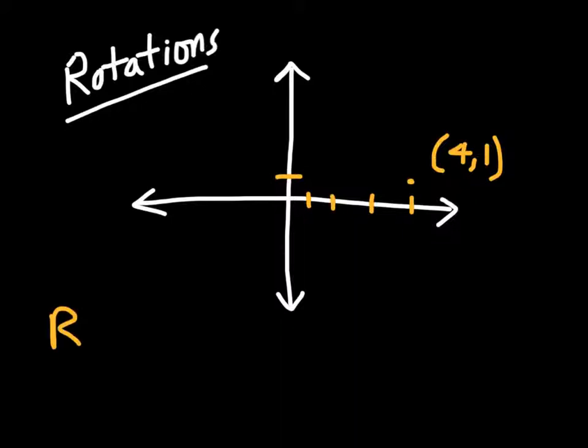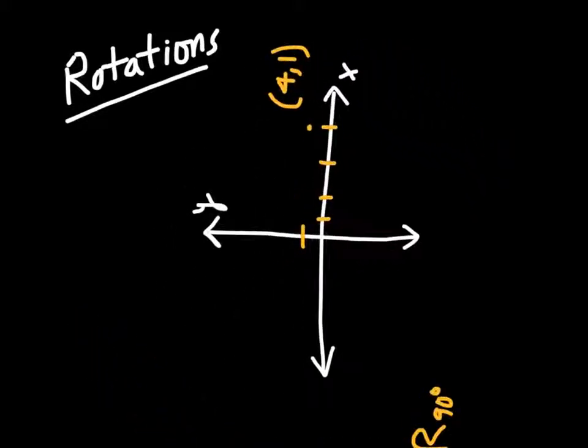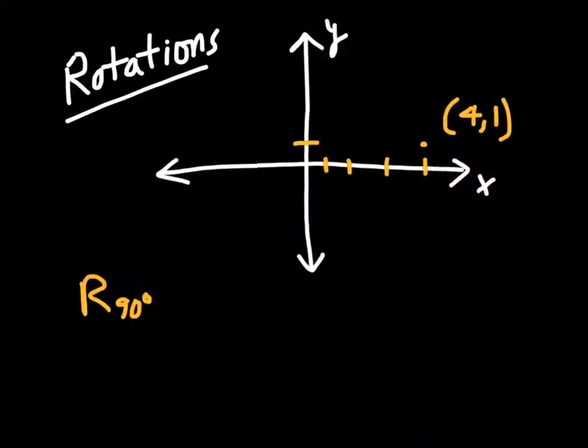If I did a rotation of 90 degrees, I will take my paper and twist it a quarter turn to the right. When I do that, my new coordinate is sitting at negative 1, positive 4. So I note where the new point, the image, is, and then just write it down.